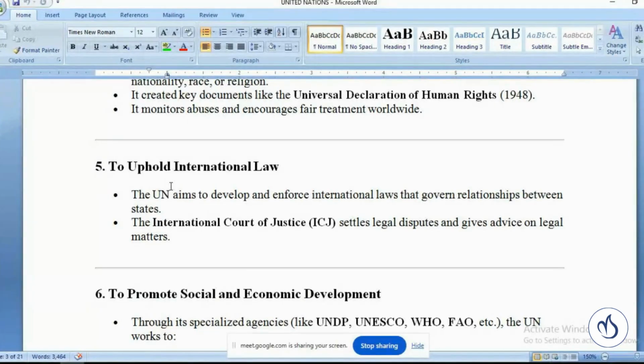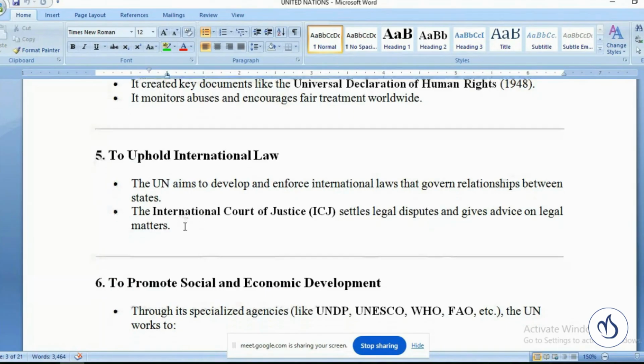And another thing, the role of the UN is to uphold international law. The UN aims to develop and enforce international law that governs relationships between states, under the International Court of Justice, which settles legal disputes and gives advice on legal matters.